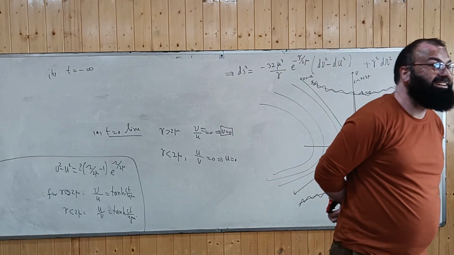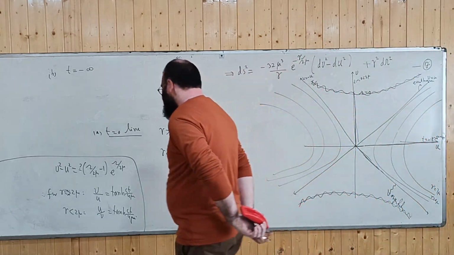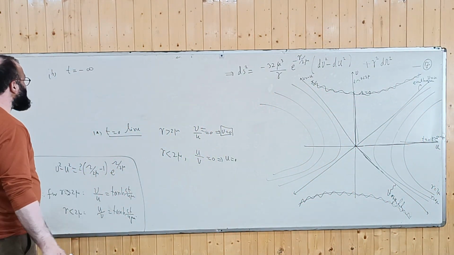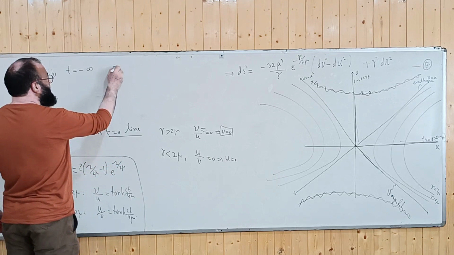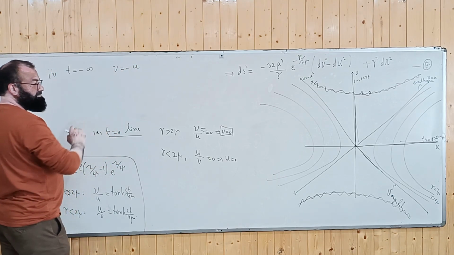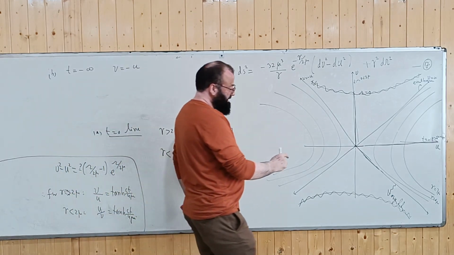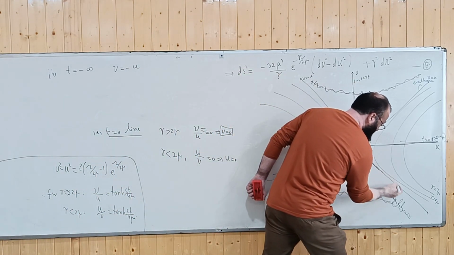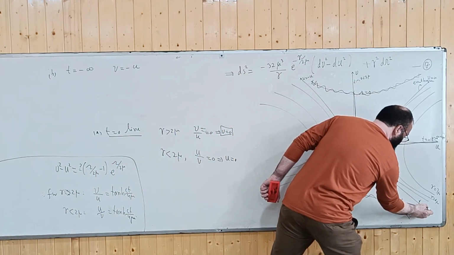Yes, minus 1. Good. So this will become minus 1 in that case. So we'll be having in that case v equal to minus u. So that means this very line becomes t equal to minus infinity.